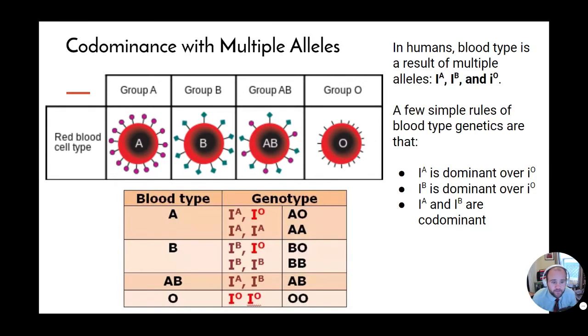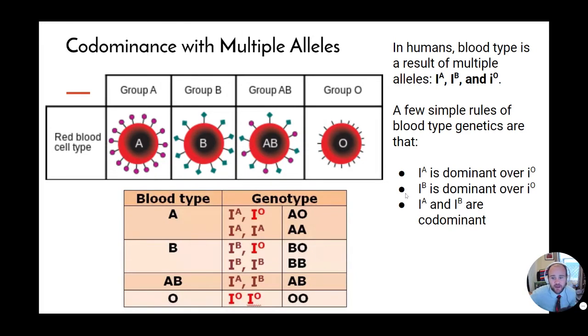Both A and B are dominant over O. That's why in the notation a capital letter I is used for A and B, whereas it's a lowercase i for O, because A is dominant over O, and B is dominant over O. But A and B are codominant.